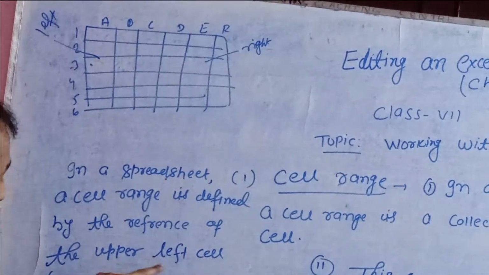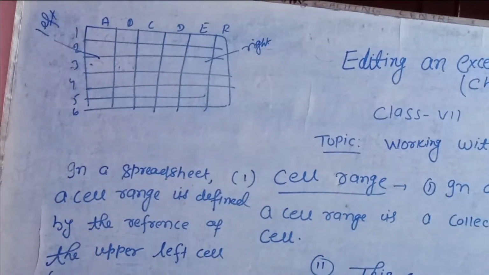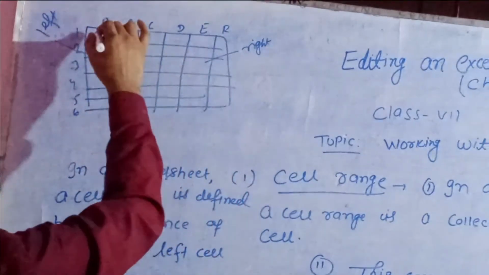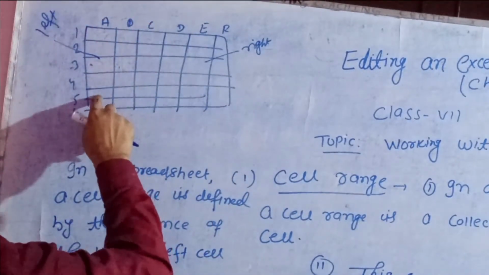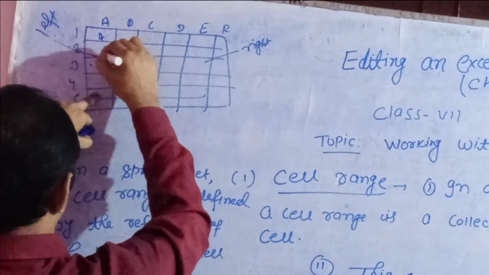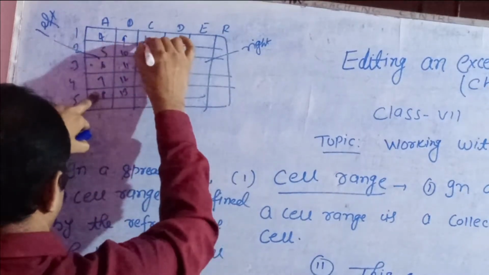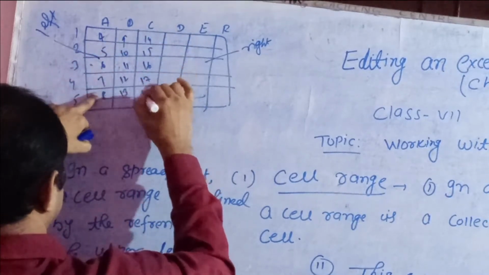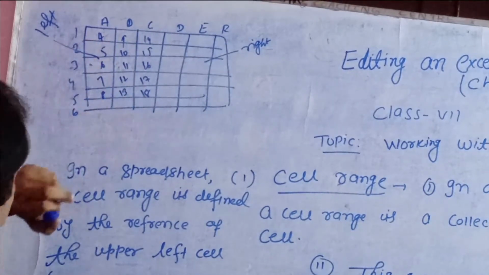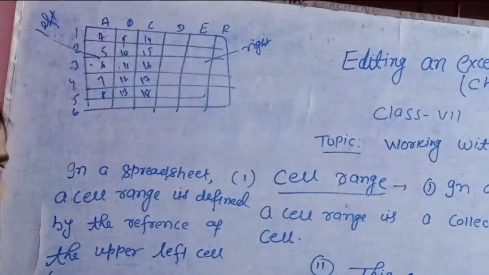The reference of the upper left cell: whichever cells you select, you first select on the left-hand side. Suppose I select A1 to A5. My dear students, always look at this diagram.